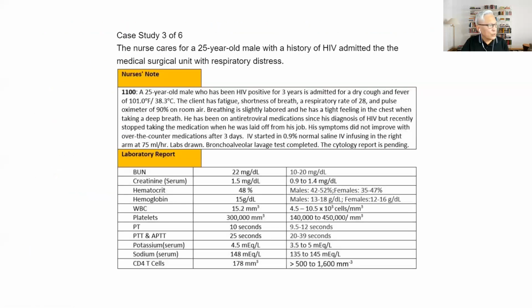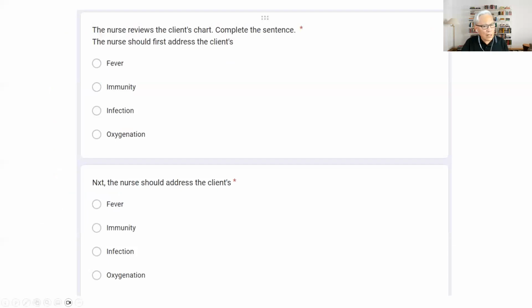All right, let's go to question number 4. The nurse reviews the client's chart. So we're now going to number 65. Complete the sentence. The nurse should first address the client's fever, immunity, infection, or oxygenation.